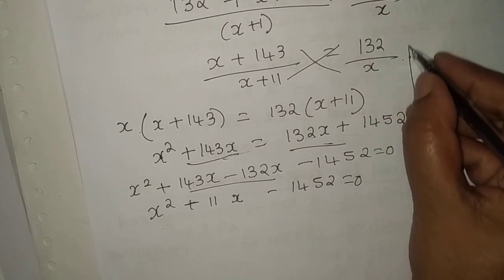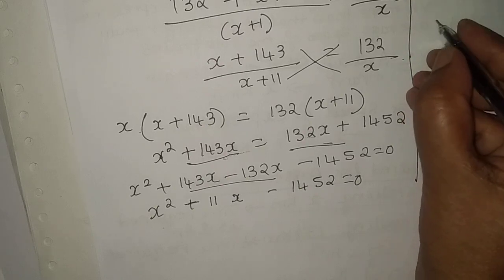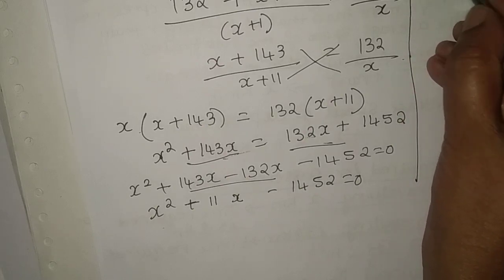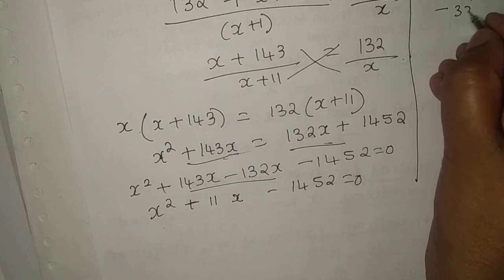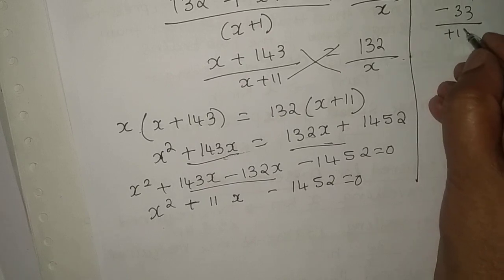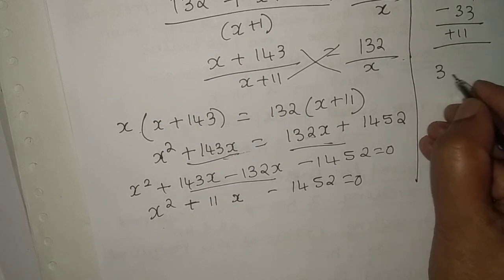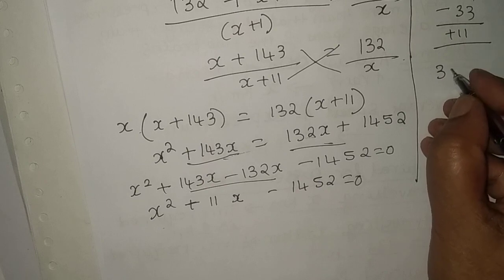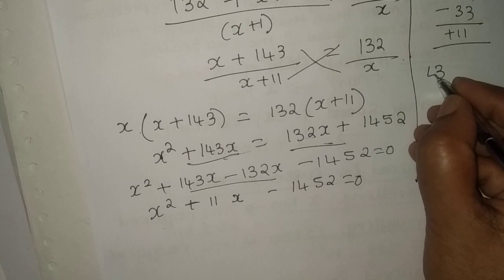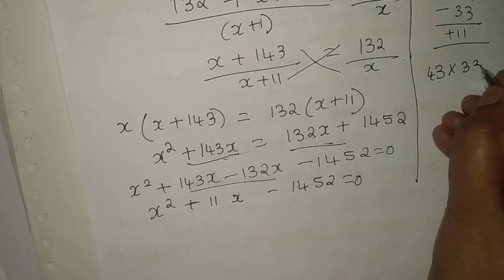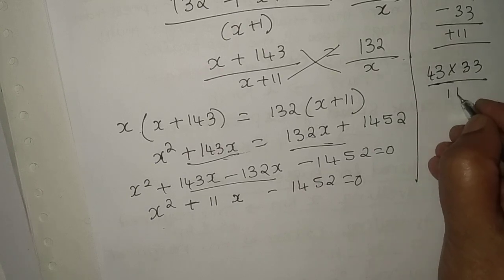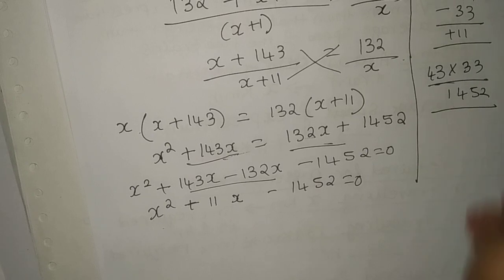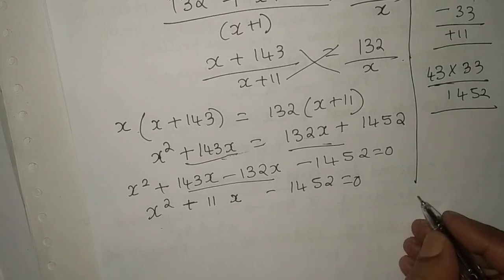Now a simple working: 44 minus 33 will be plus 11, and 44 into 33 will be 1452. So this is the working.